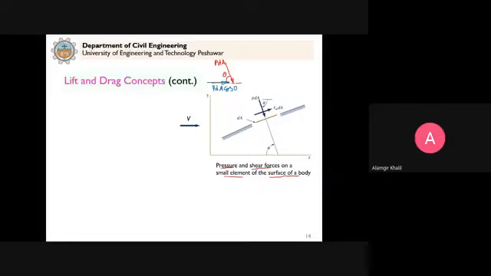Clear? And one will be this component for PdA, and this will be equal to P dA sine theta. Clear? Because the side opposite to theta is the sine theta.